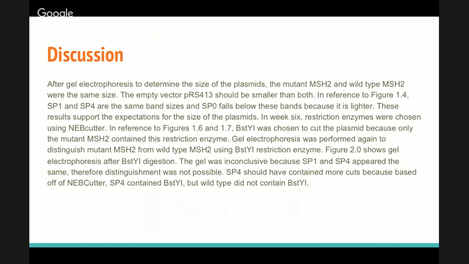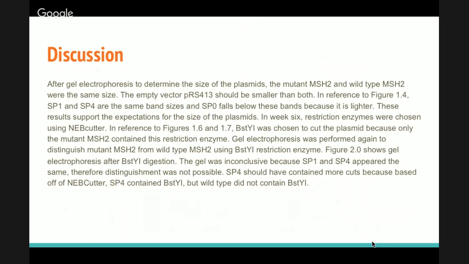In week 6, restriction enzymes were chosen using NEBcutter. BstYI was chosen to cut the plasmid because only the mutant MSH2 contained this restriction site. Then gel electrophoresis was performed once again, so we can distinguish between MSH2 mutant and the wild type. However, the gel was inconclusive because SP1 and SP4 appeared to be the same.